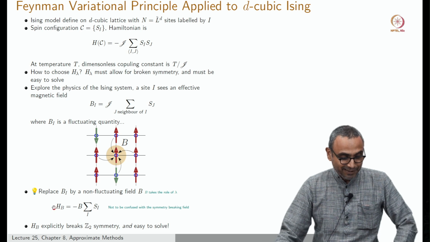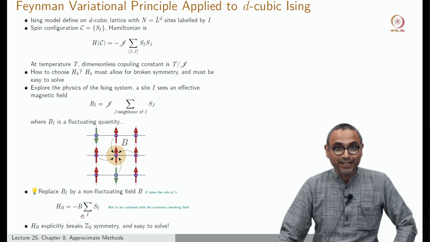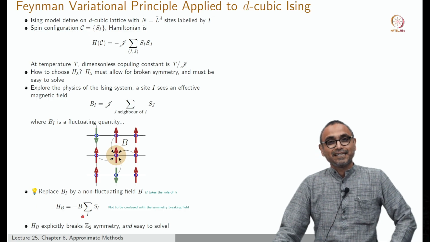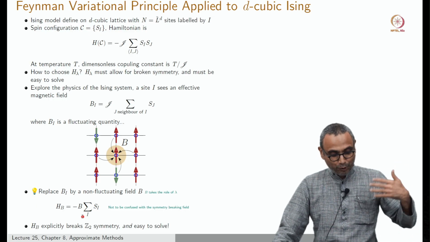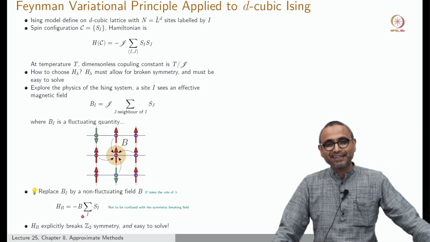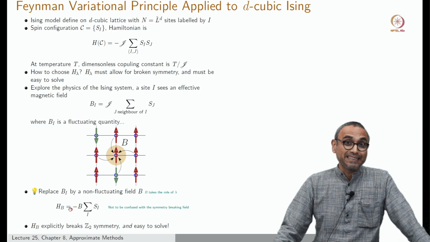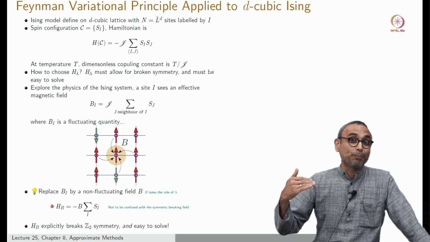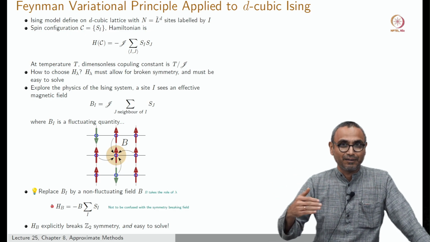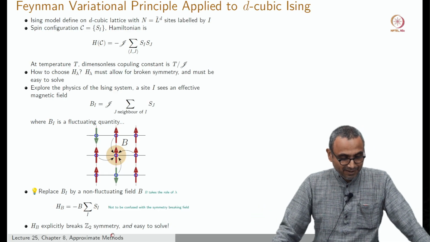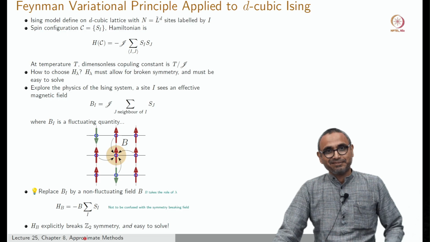So for example, if I write a Hamiltonian like this, you see that it is not Z2 invariant. So I am constructing a Hamiltonian which is explicitly breaking the Z2 symmetry, but I do not know what this B is. This B will be determined by optimization of the upper bound of the free energy. Okay, so this is the idea.